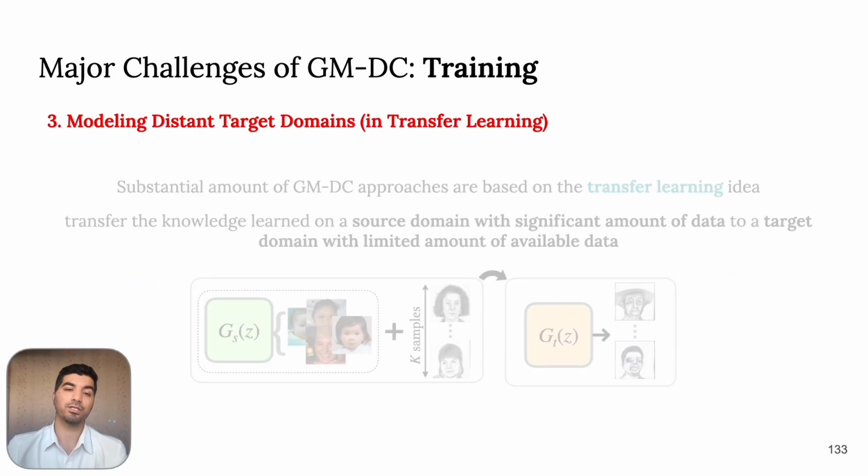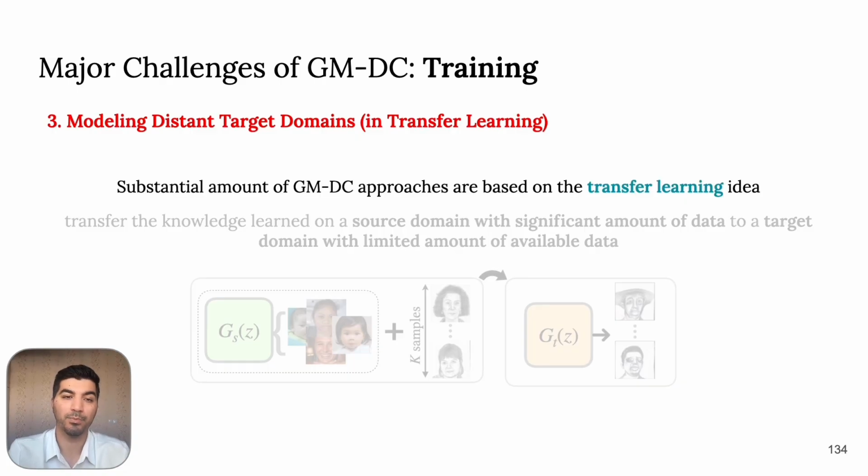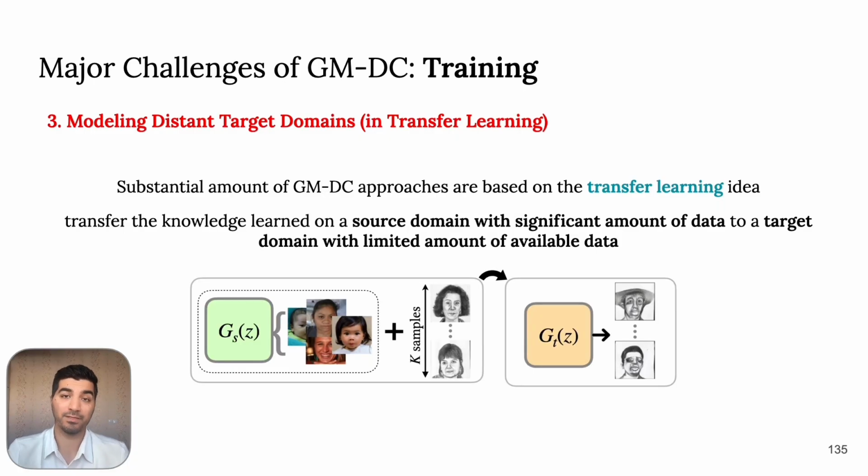The third challenge is modeling distant target domains, and this is specific to transfer learning scenarios. And why we discuss this and why this is important is because a large amount of works in generative modeling under data constraints are based on the transfer learning idea. And as we discussed before in tasks, transfer learning tries to leverage the information from a source domain.